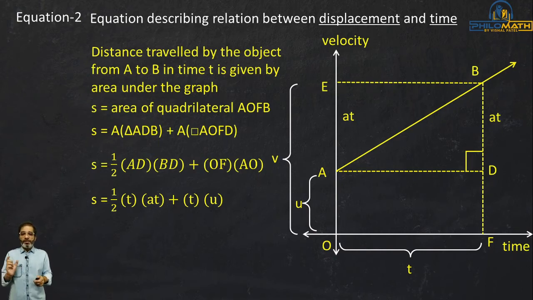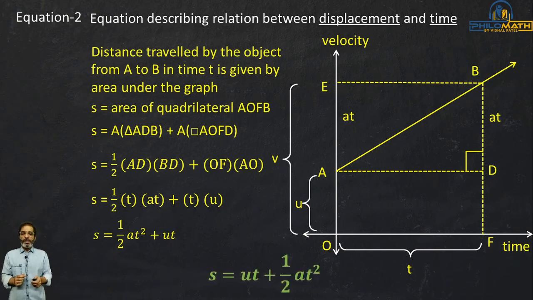Now if I just multiply, what will I get? S equals half AT square plus UT. Let me write that in the standard form: S equals UT plus half AT square. This is the second equation of motion.